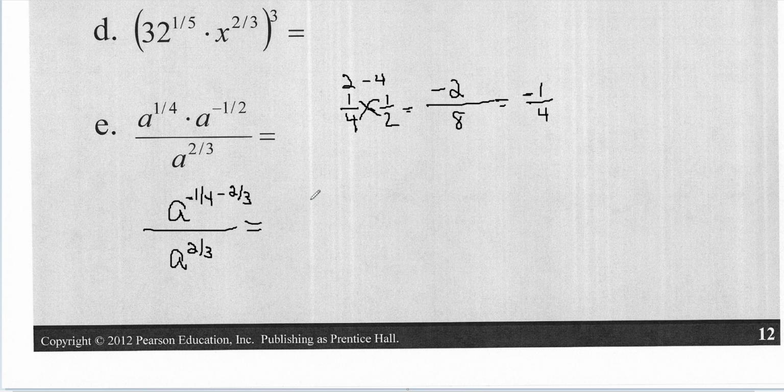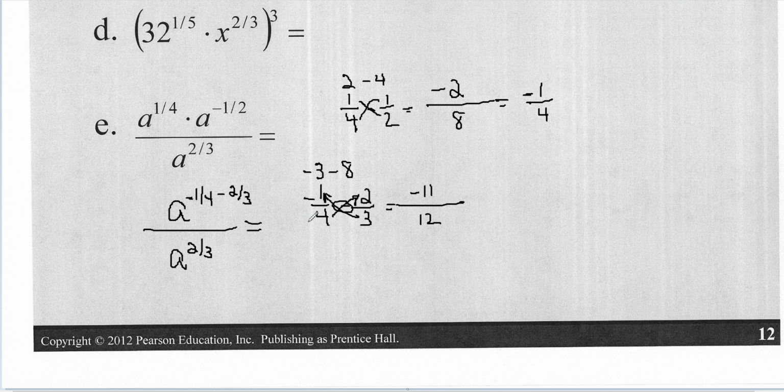And let's see, so I'm going to have negative 1 over 4 minus 2 over 3. And that's going to give me 4 times 3 is 12. Cross multiplying, I got negative 3 minus 8. Okay, cross multiplying this way and then this way. Remember, my negative sign is right here. So I end up with negative 11 over 12.